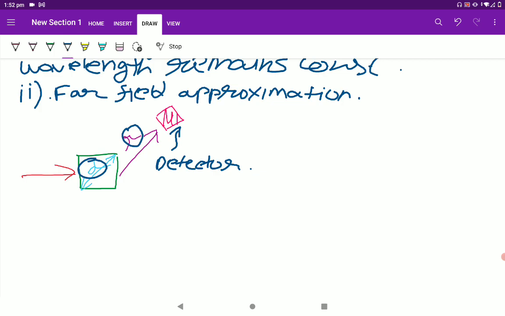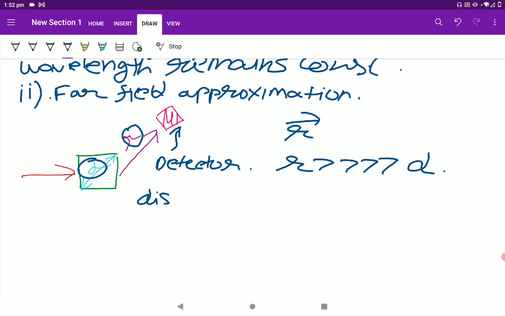So we are measuring the intensity of the wave or number of particles at a distance R vector, such that the distance R is very much greater than the size of the crystal.